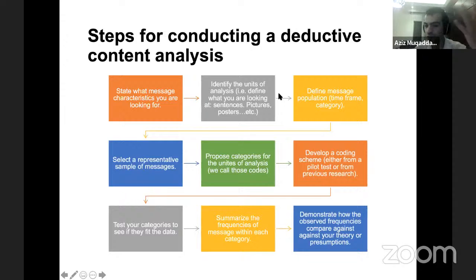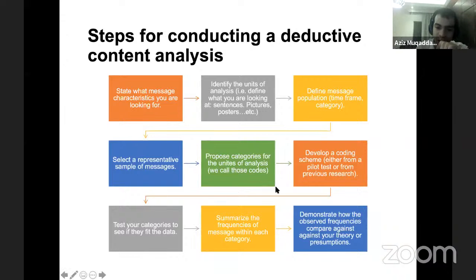If it's still too large, you can say from 5,000 messages we randomly selected 500 to be representative of the whole population of messages. The population of messages means everything, and the sample is what you're going to analyze.